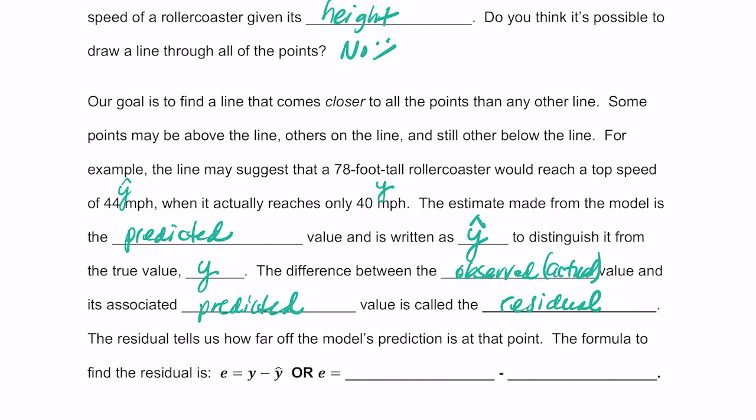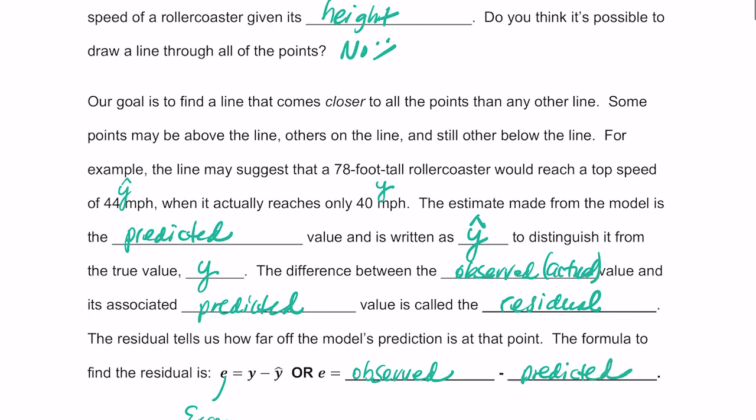The formula to find the residual is e equals y minus y hat. And e stands for error. So we refer to it as the error term. Not error as in a mistake, but we'll talk more about that later. So we can also just remember it using words, which would be the observed or the actual minus the predicted. y minus y hat.